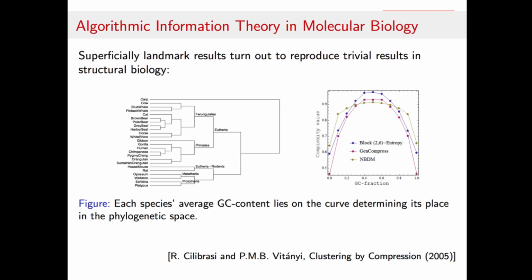So we are in the situation in which even the most trivial measures can reconstruct the same phylogenetic tree that Cilibrasi and Vitanyi reconstructed with quite a convoluted measure using a black box algorithm, which is a lossless compression algorithm.